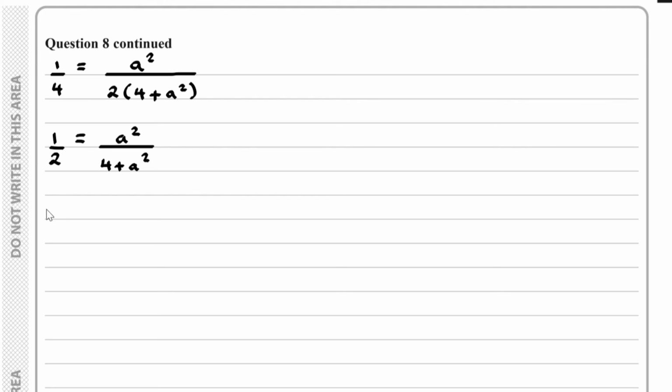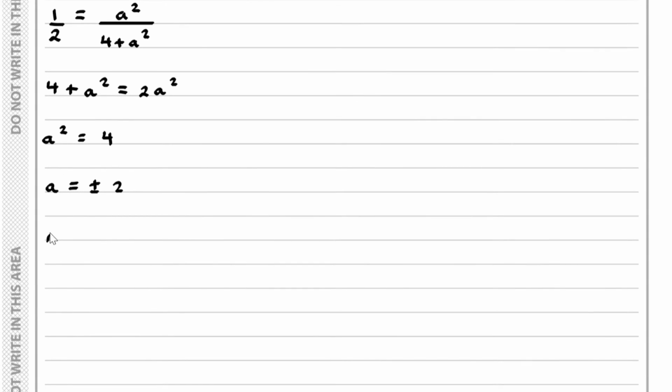And so we have 4 plus a squared equals 2a squared. A squared is equal to 4. A equals plus minus 2. And because the cosine of 120 degrees is less than 0, that means A is equal to negative 2 only.